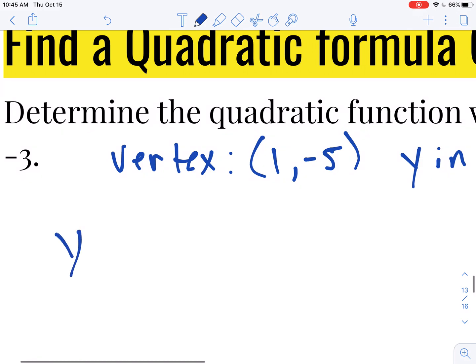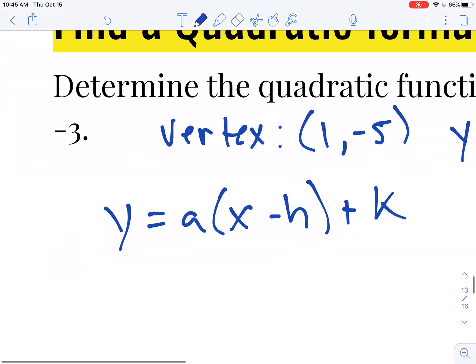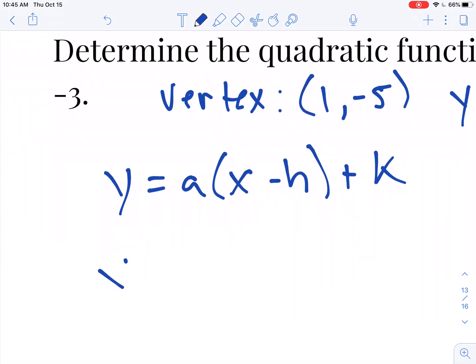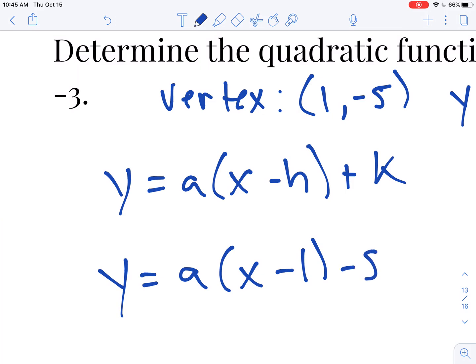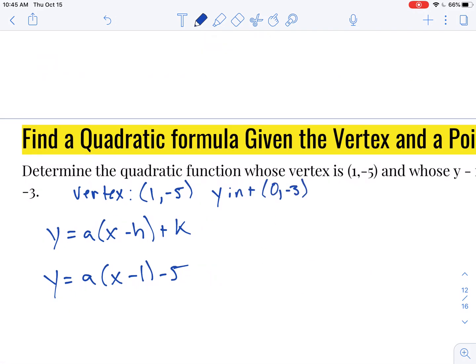Vertex form is y is equal to a times (x minus h) squared plus k, where (h, k) is your vertex. So in order to solve this, first I'm going to write out y is equal to a times (x minus 1) squared minus 5. I've plugged my vertex value, the (h, k), into that vertex form.